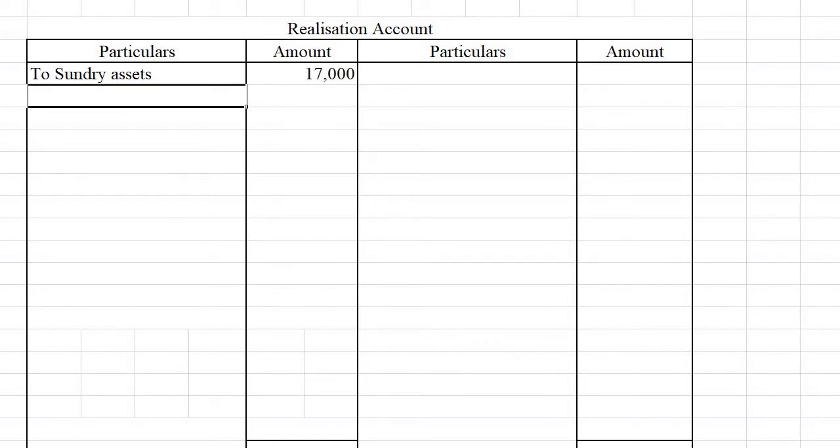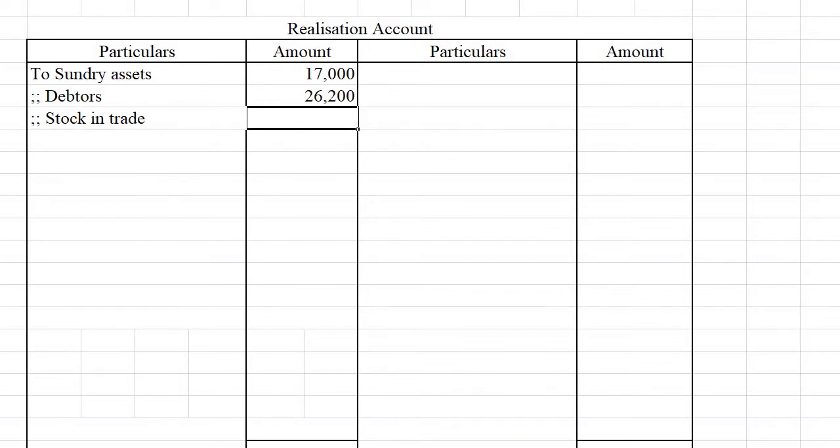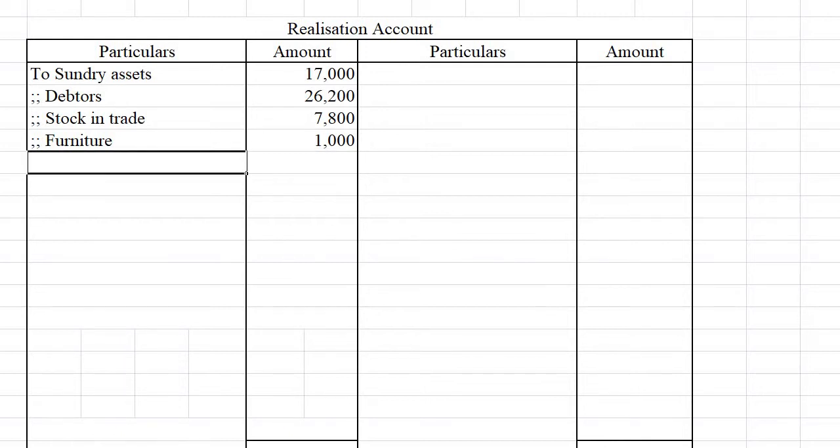Then comes debtors. Debtors we know 26,200. Then after that, stock in trade is 7,800. Now furniture we have 1,000 rupees. Then computer was there, computer 8,000 rupees, that is transferred.